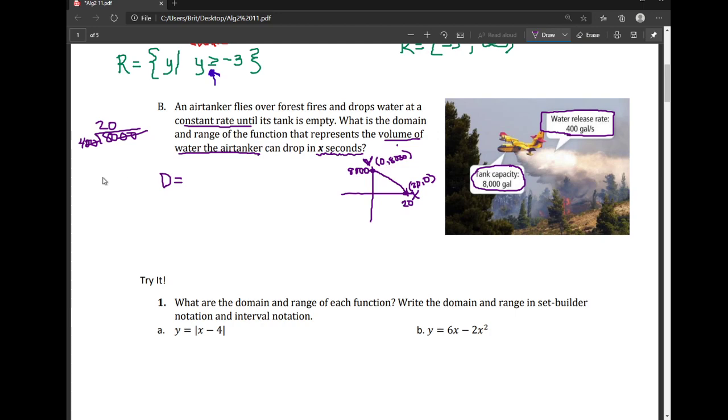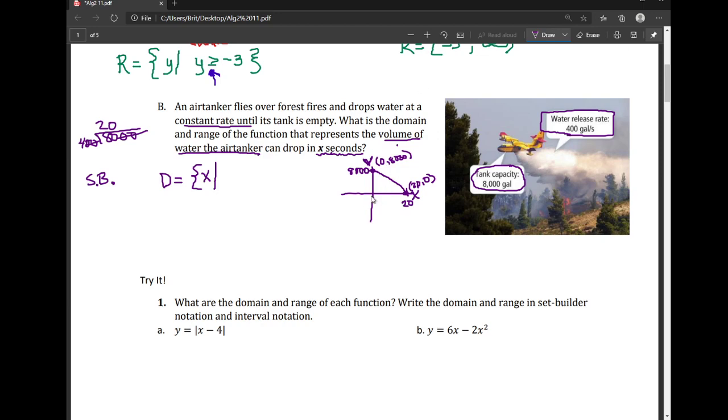So if I'm doing set builder notation, I'm going to put SB here. My domain is the set of x values where, and then we're going to probably think about some kind of inequality here, right? Because there's a minimum x value and there's a maximum x value. It doesn't contain all real numbers, so we need some kind of inequality to help us out.